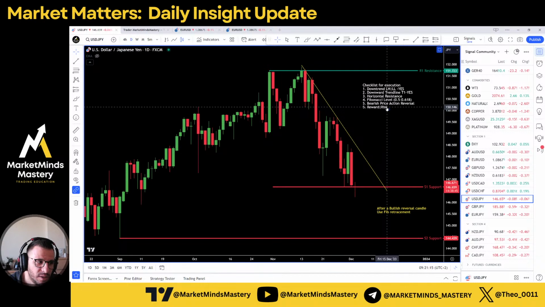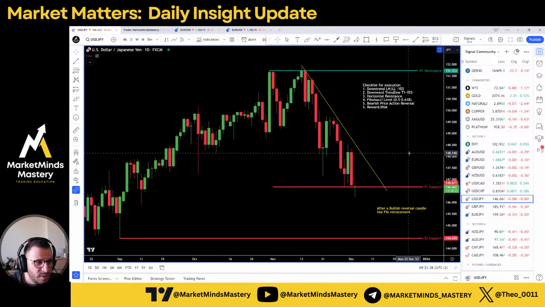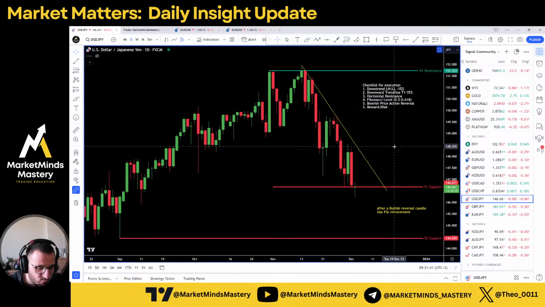If you are looking to trade an uptrend, you just reverse: the downtrend you make an uptrend, the downward trend line you make an upward trend line, horizontal resistance you make support, Fibonacci levels stay the same, and bearish price action reversal you make a bullish price action reversal, and you have the same checklist to execute for uptrends.